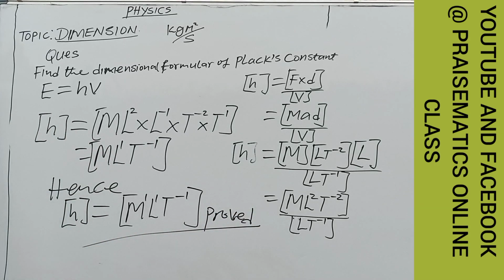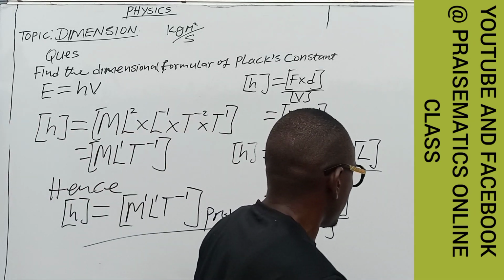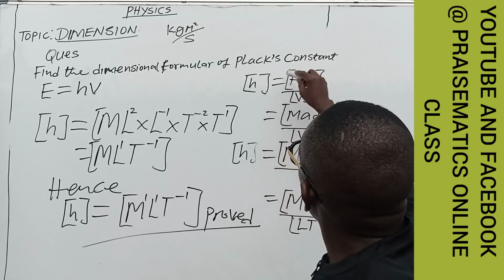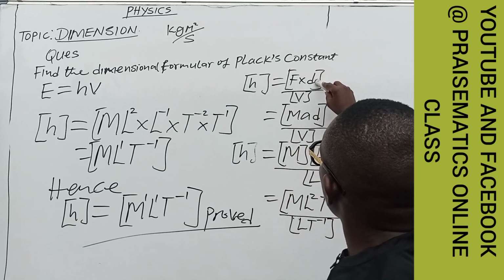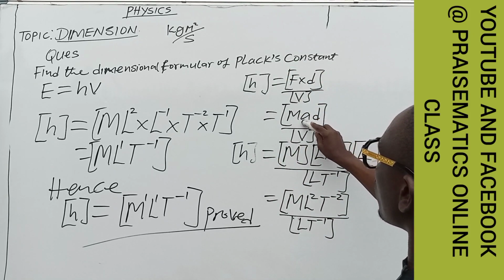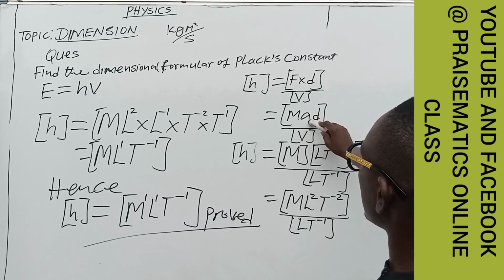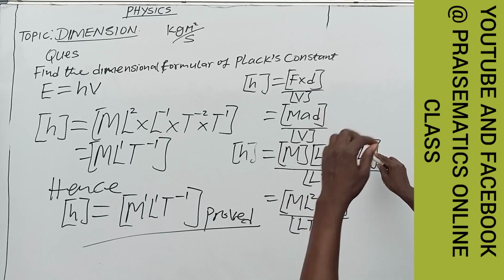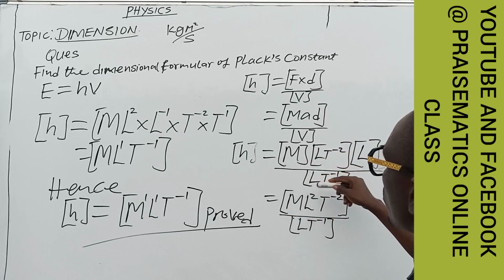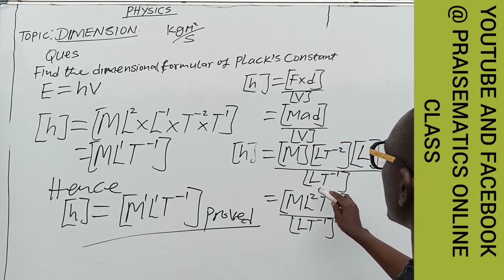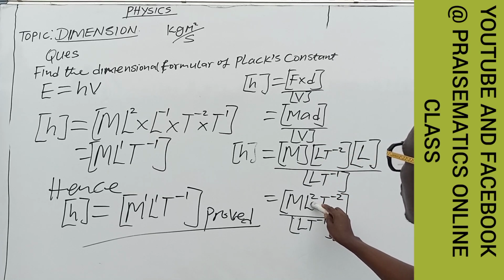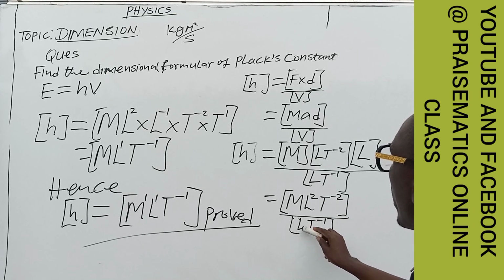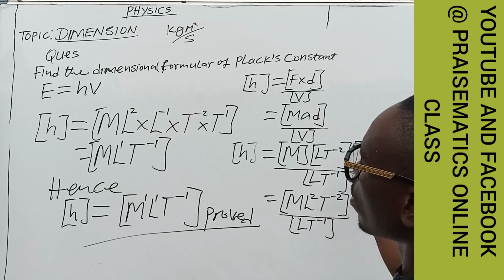So that is the dimension of Planck constant. Going back to what we have done, force multiplied by distance over velocity gives us m into the dimension of acceleration, and the dimension of distance will give you L. Mathematically we have m L^2 t^-2 all over L t^-1.